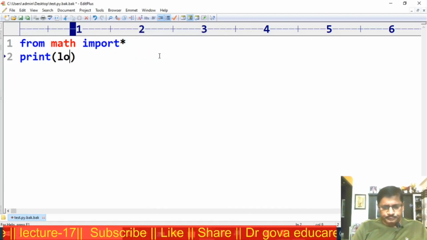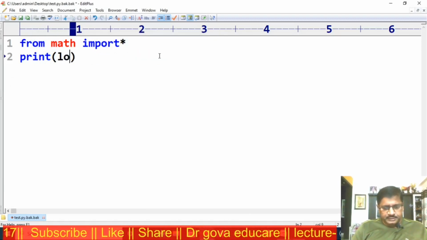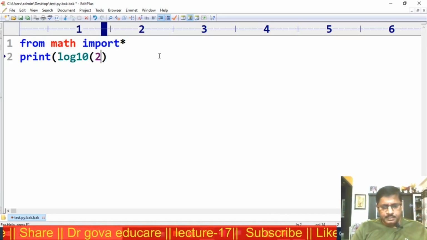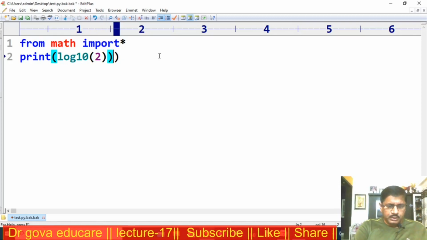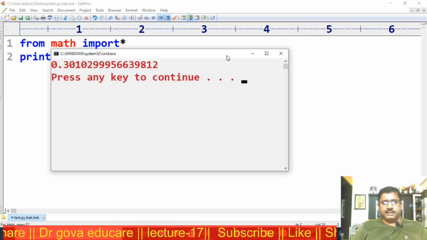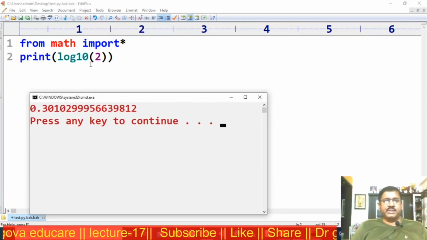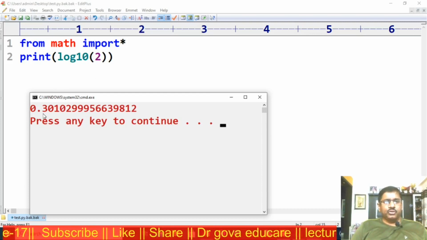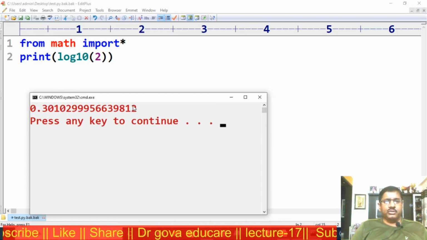Log 10 of 2, log 2 base 10. This is log 2 base 10, the common logarithm of 2, 0.301029 and so on.